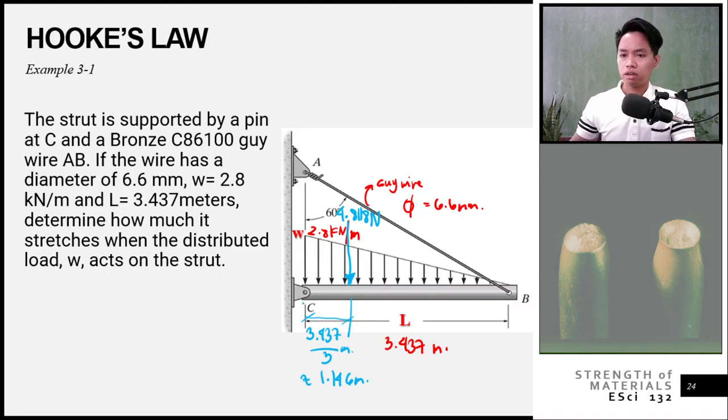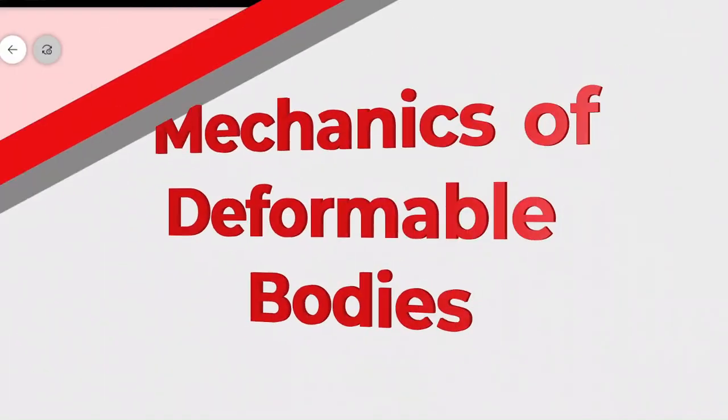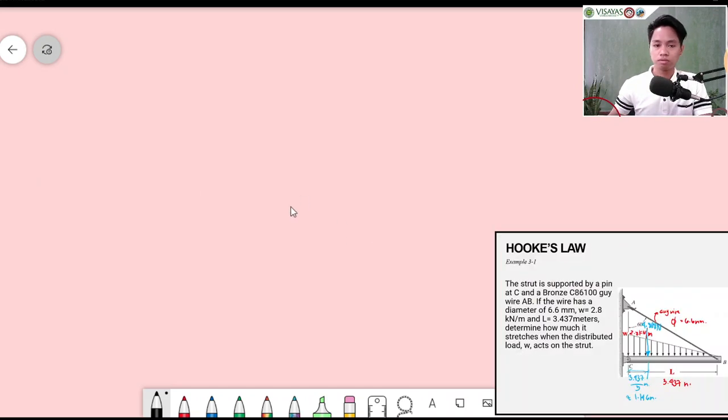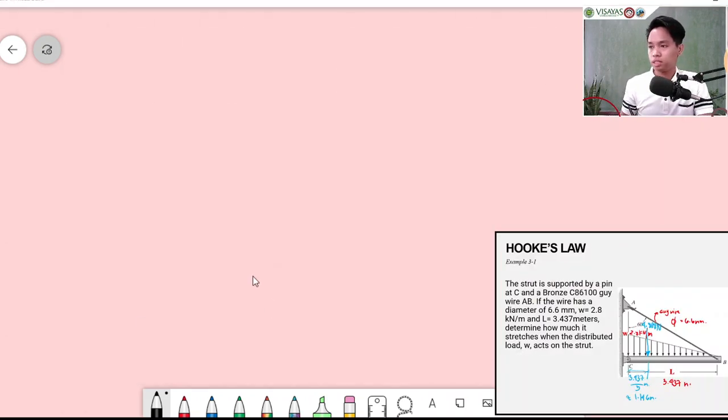Okay, maybe we can proceed to a larger screen. Great. Okay, based on the figure, let's do the free body diagram.